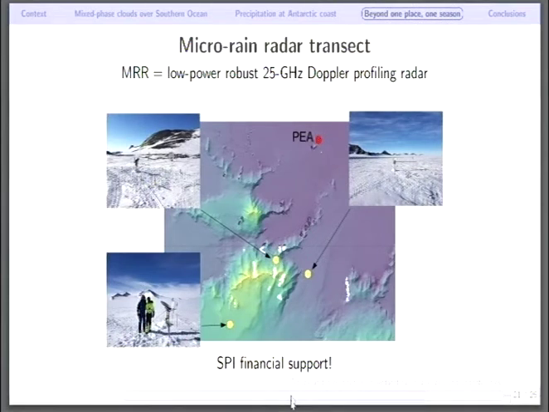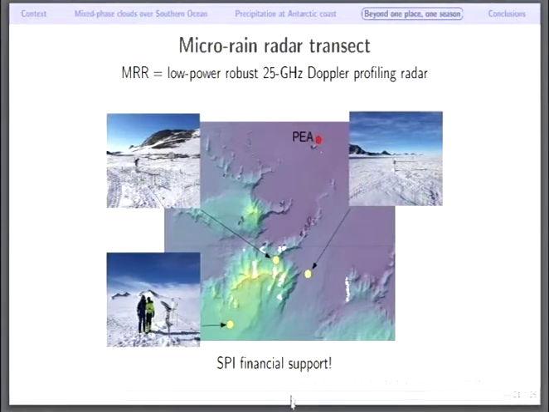And you have this map: the station is here, you have this mountain range here, and our wish was to study how the flow is impacting the mountain and what that implies for clouds and precipitation. We wanted to have a kind of transect. So one point sampling upstream, before the flow meets the mountain, one in the mountain, and one downstream of the mountains, once the mountain is passed and you start to be on the high plateau.